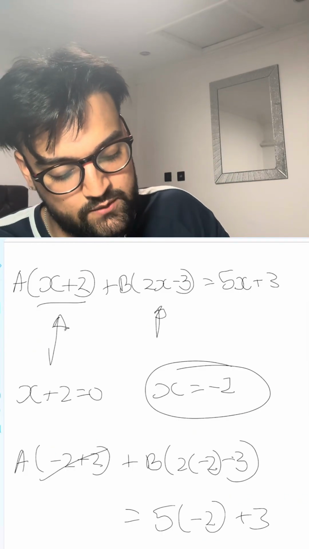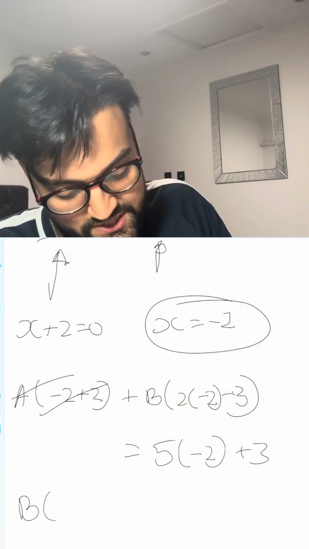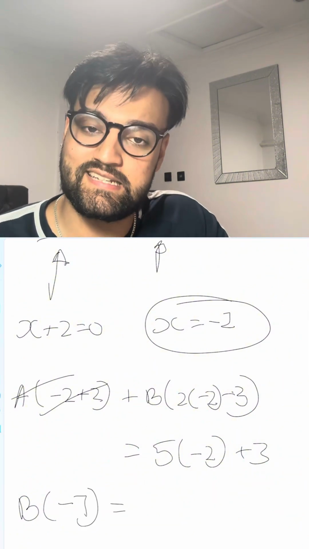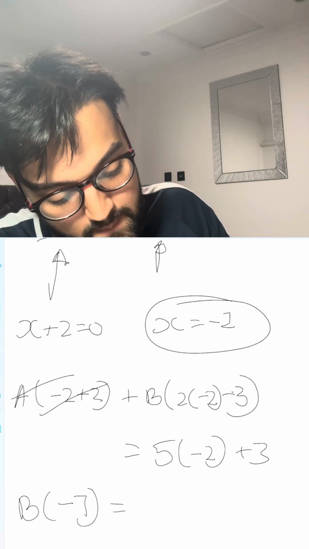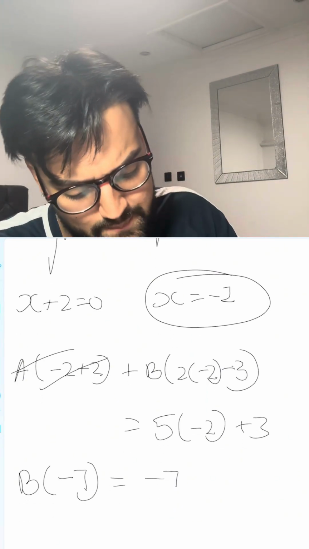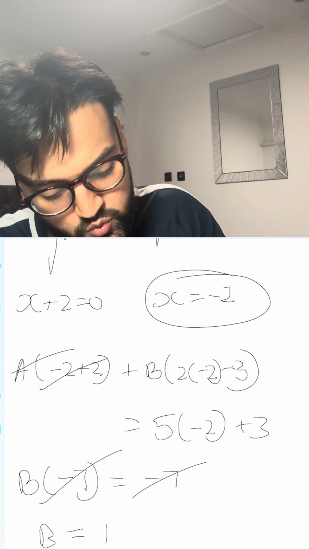This disappears and we're left with b lots of minus 4 minus 3, which is minus 7, is equal to 5 lots of minus 2, which is minus 10, plus 3, which is again minus 7. So our b term is just 1, because if we divide by minus 7, b is equal to 1.